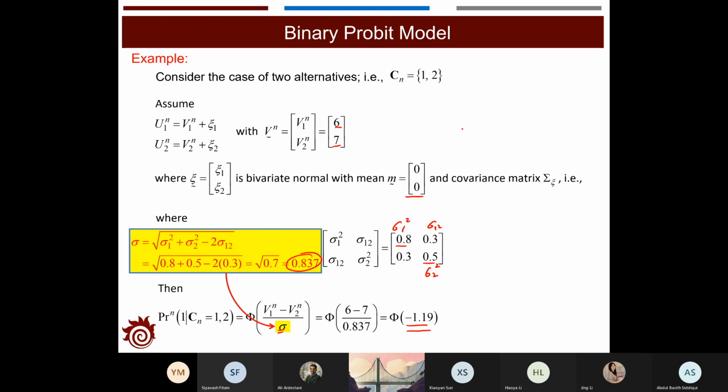Then it is easy to find the probability. Another thing to know is that in the general case we don't know these values; we need to calibrate them using the observed variables and attributes. But for this example, we just assume them known to simplify the explanation.